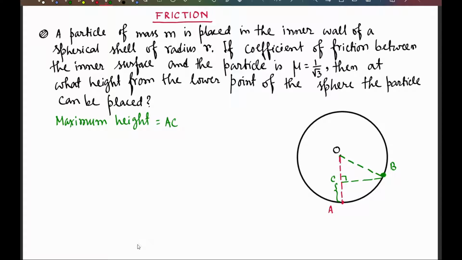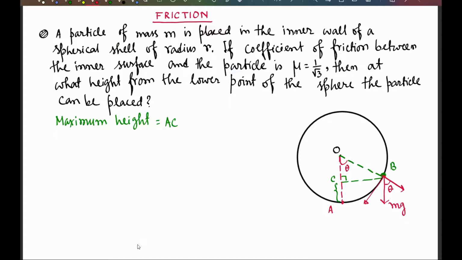Now if we consider the free body diagram, if m is the mass, then mg is the weight acting in the downward direction. This angle is theta. Now if we resolve it into one perpendicular and one tangential component, then this angle is also theta.